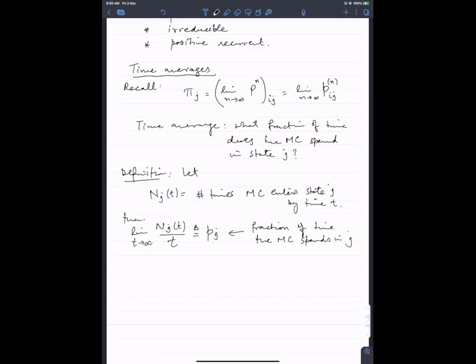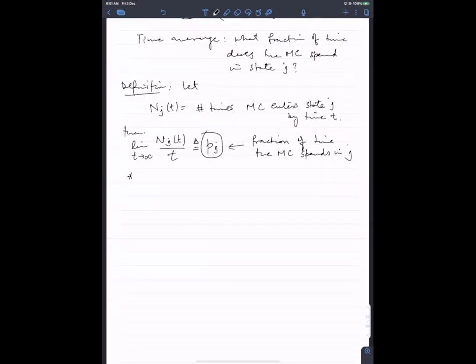Okay, हमने देखा था कि fraction of time the Markov chain spends in state j is the same as the limiting distribution or the stationary distribution that the Markov chain is found in state j.